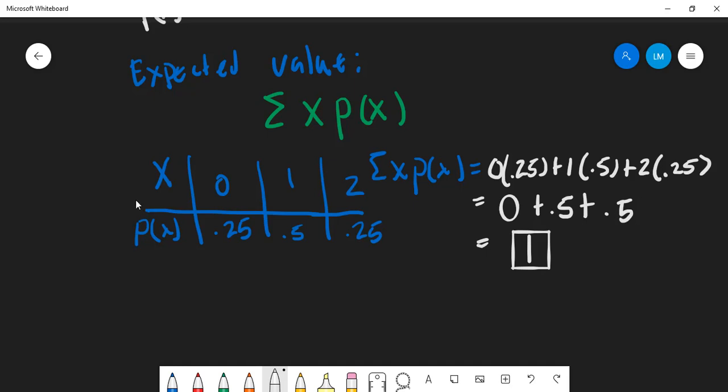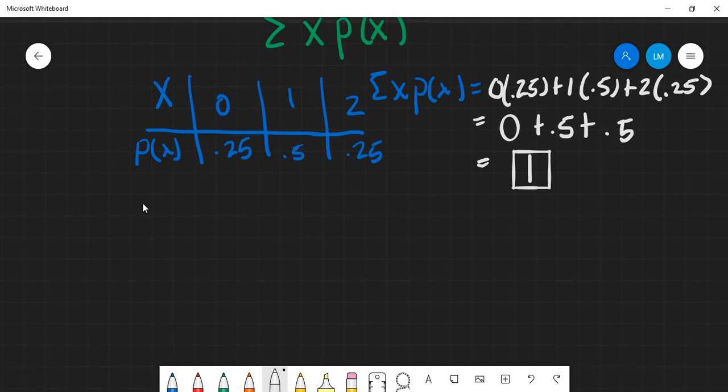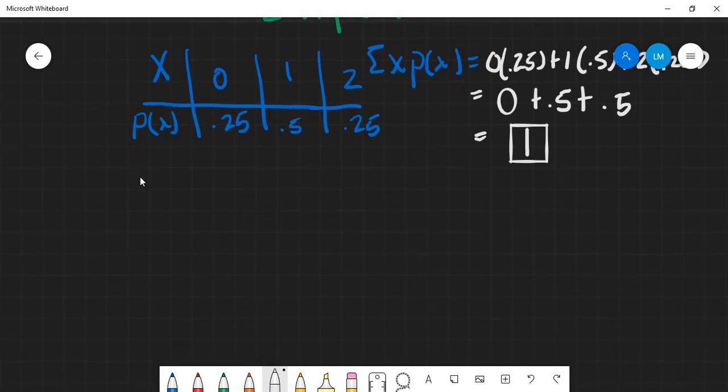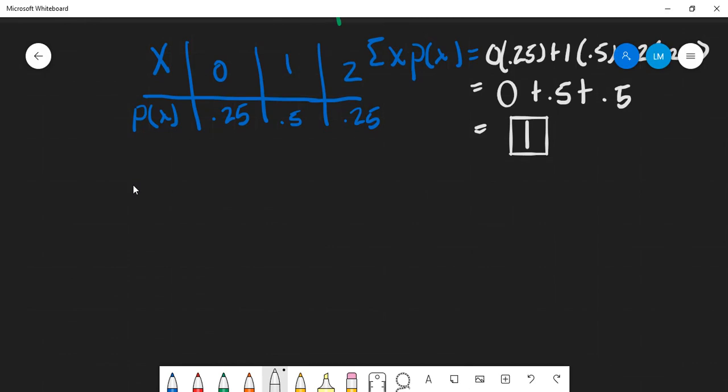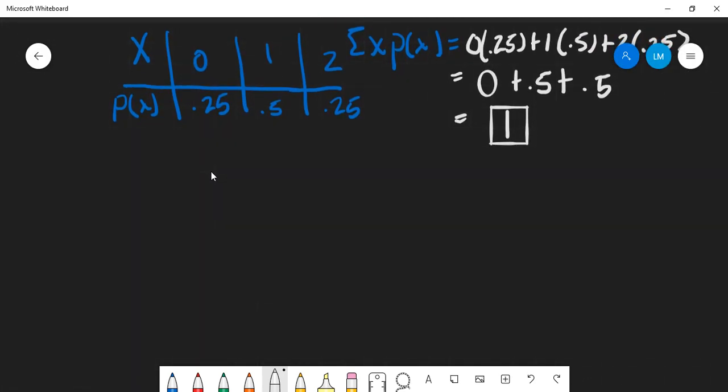Now, what if we were going to look at, for example, a family.